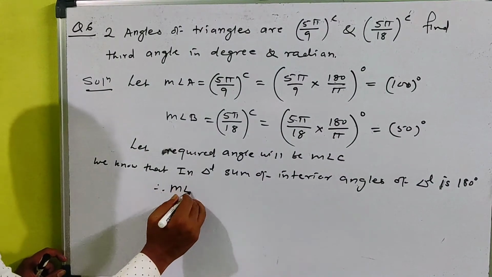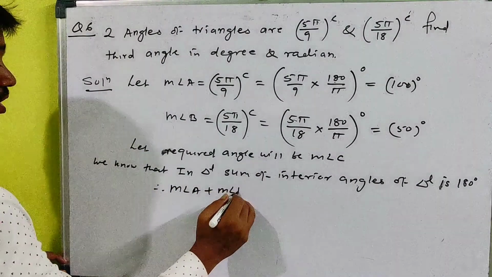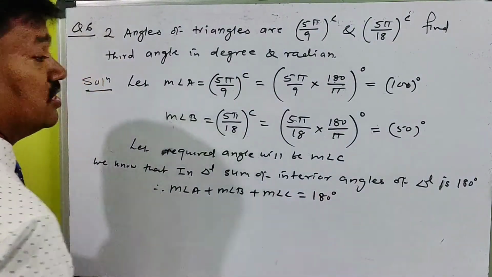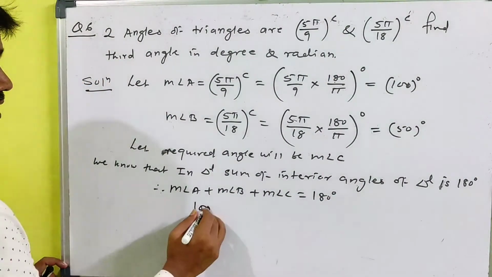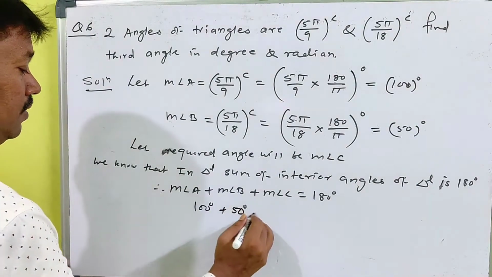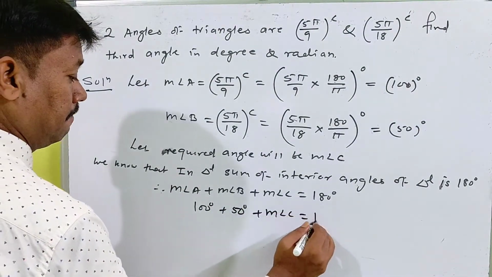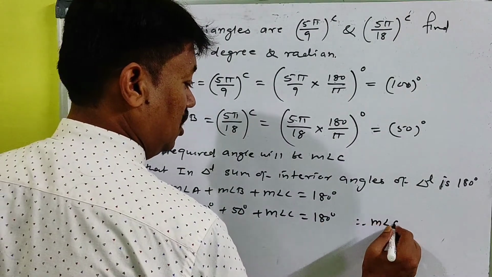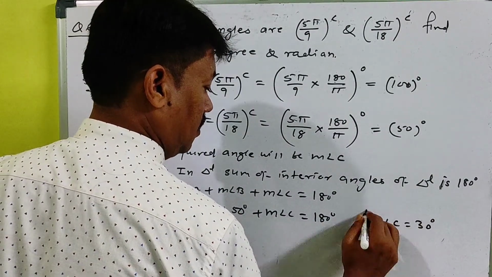Therefore, angle A plus angle B plus angle C is 180, that means 100 plus 50 plus C is 180. Therefore, angle C is 30 degrees.